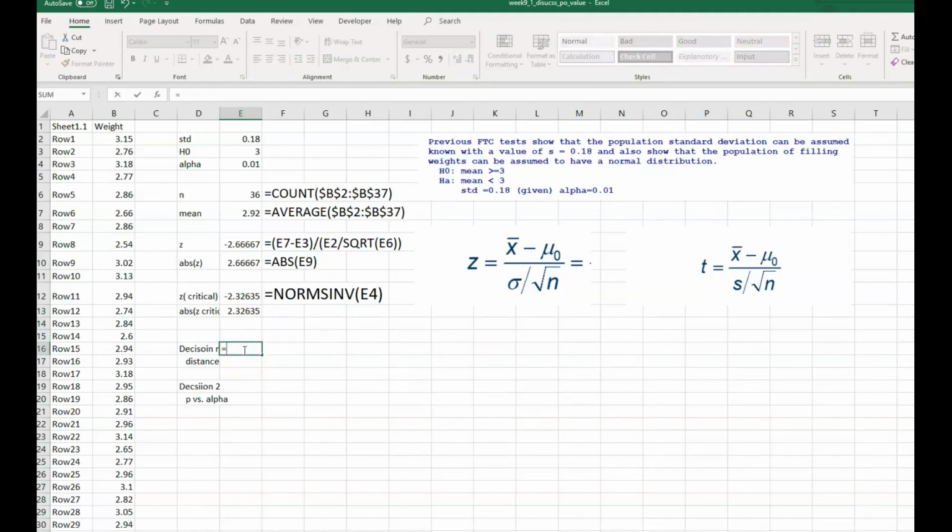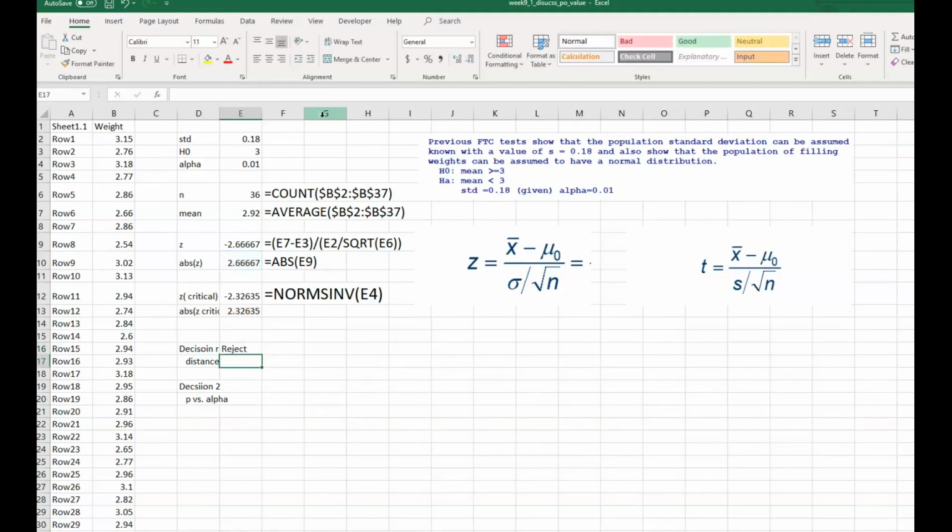So this is decision rule number 1. If our distance is less than the absolute critical value, we know it's inside the range. It's less, accept. Otherwise, we reject.